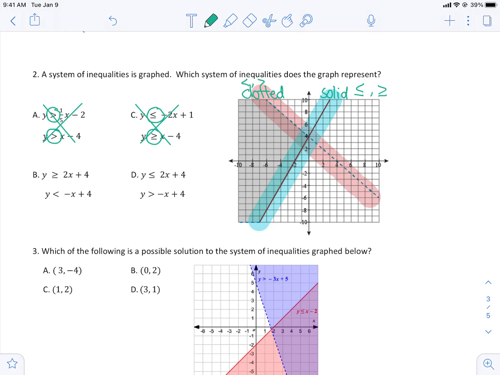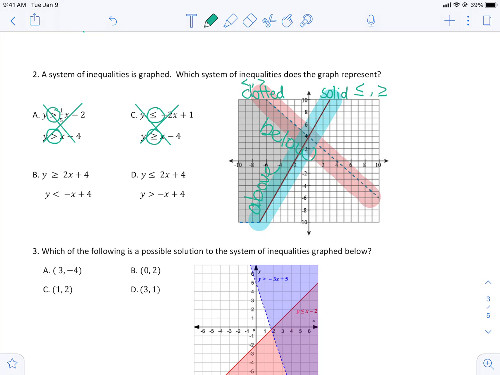So what I need to determine is, how should I shade? Well, for the pink line, we ended up shading below. And for the blue line, we ended up shading above.